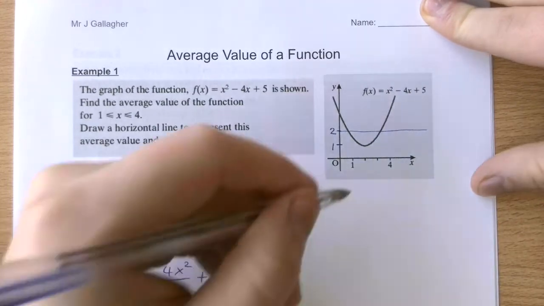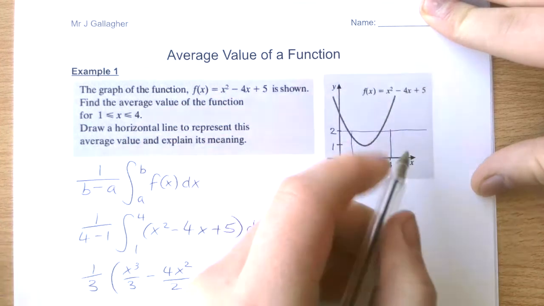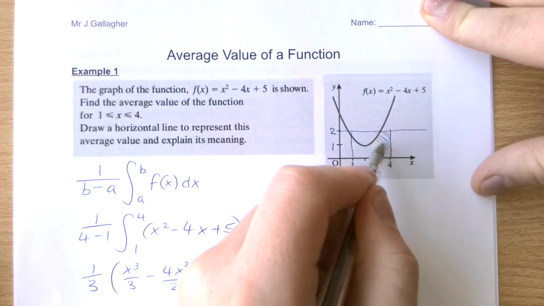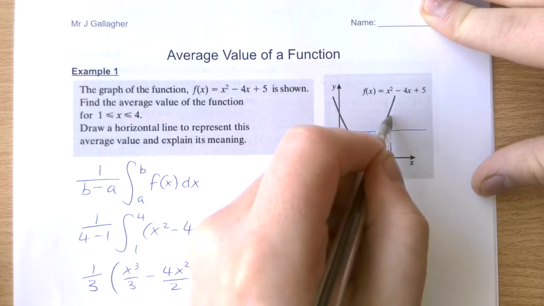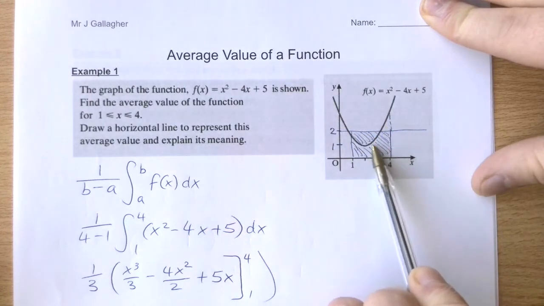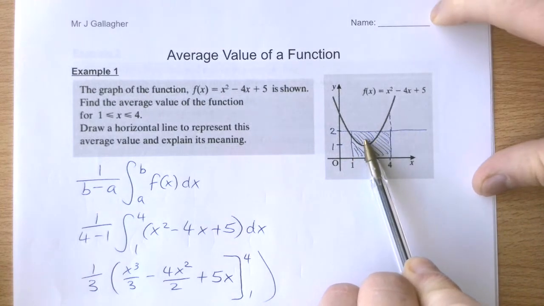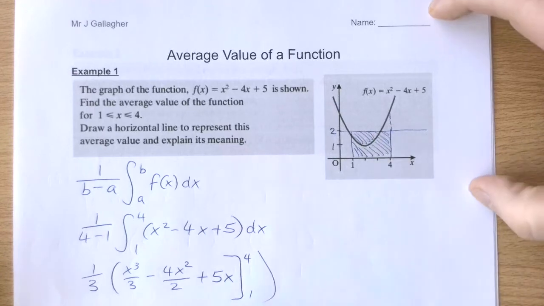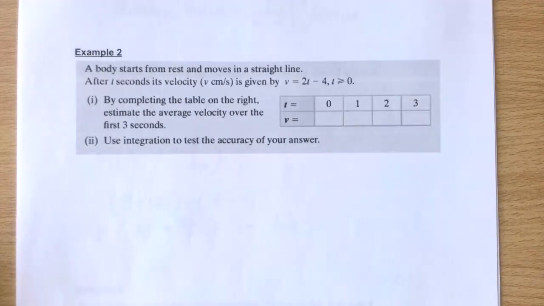In the context of the question, the area of this rectangle bound by this line is equal to the area under the curve in total. So the area of this part here is equal to the area of this part here. It may not look like that graphically, but that's probably just because of my drawing.